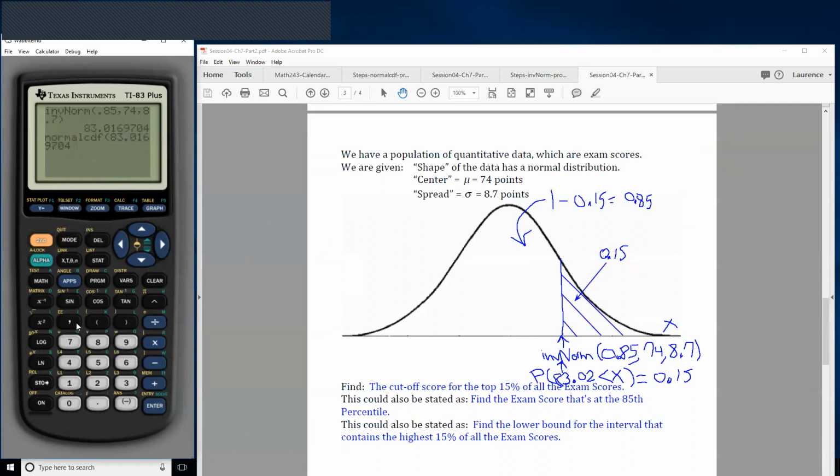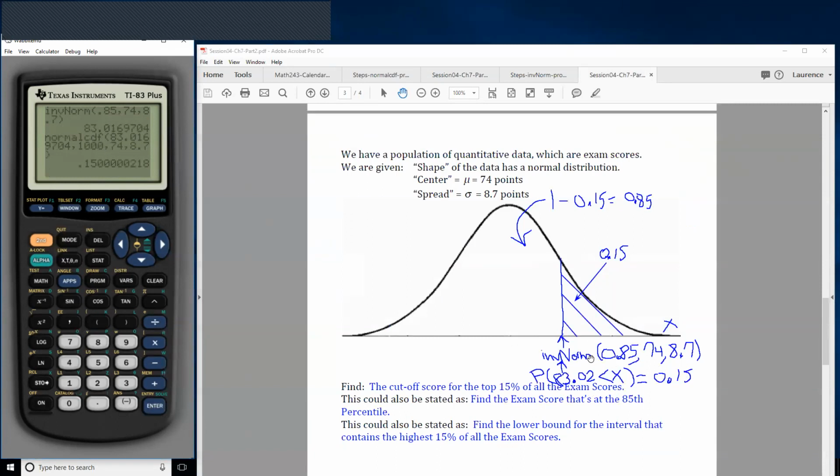Then a comma, and then anything way off to the right. Well, 1,000 will work. You don't have to do the positive 1E99, comma, and then our center and spread. Right parenthesis. And before I hit enter, I say, what's this going to be equal to? Well, it should be really close to my 15%. And it is. So once again, you're reinforced.